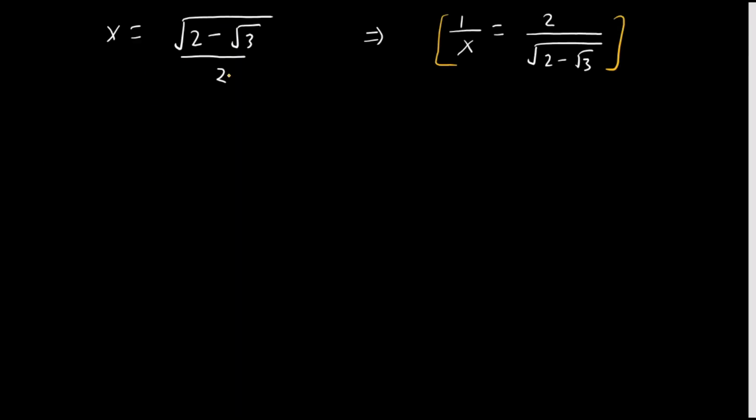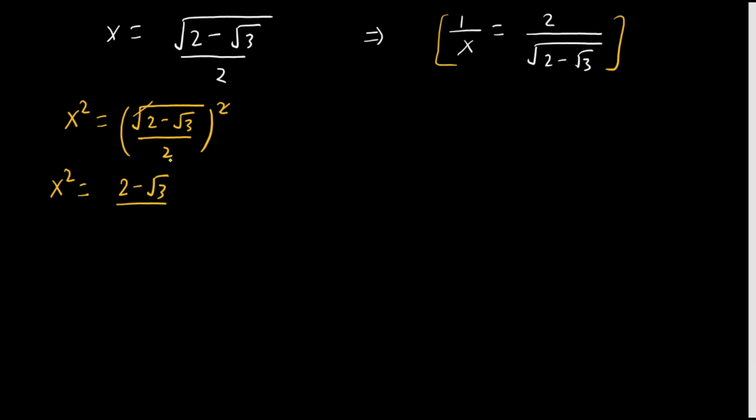So first if we square both sides, then on the left hand side x square equals square root of 2 minus square root of 3 divided by 2, and then whole square. On the right hand side, the square cancels the square root, then 2 minus square root of 3 divided by 2 square, that is 4.